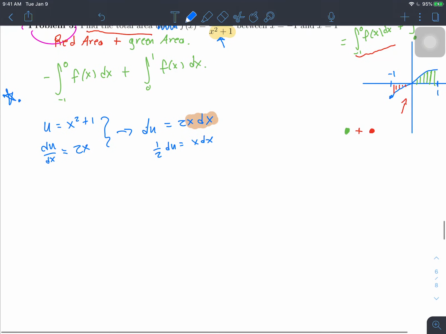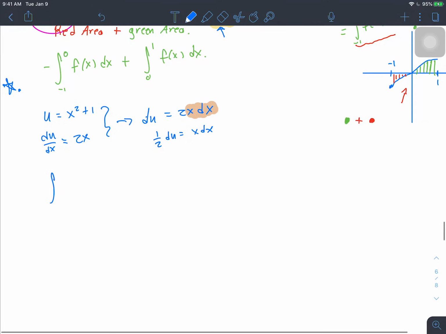So I can rewrite this integral as the integral from, and I'm going to use method 2 today. I'm going to leave the bounds in terms of x. So I'm going to make sure to write x equals -1 and x equals 0.